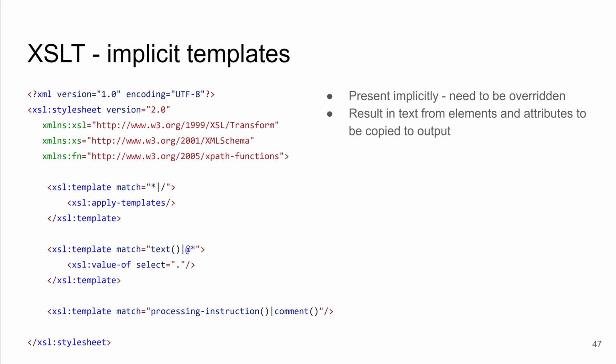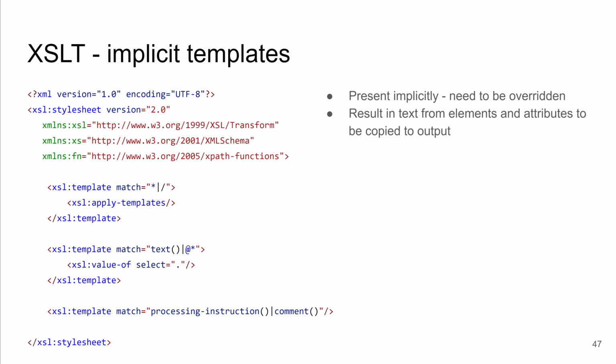Now, the apply templates, when nothing else is specified, gets the children of the current node and applies all the templates specified in the style sheet to those children of the current node. So this causes the XSLT processor to actually go through all the elements of the input document.